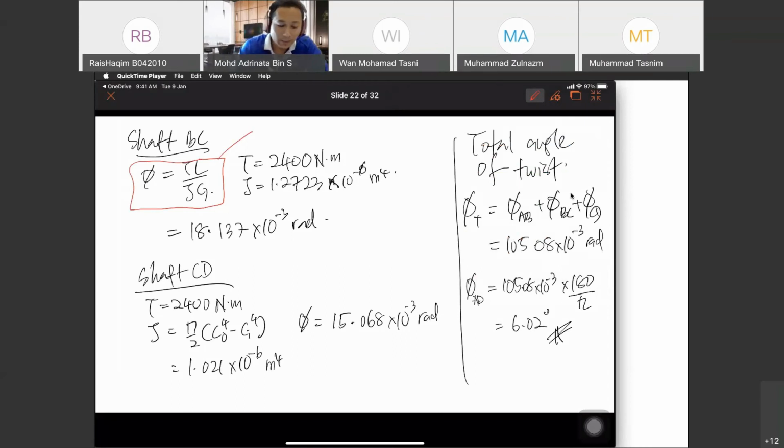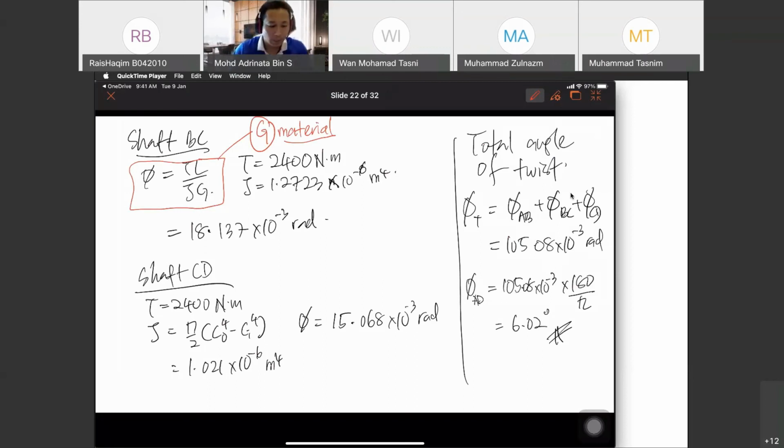G ni adalah depend on material. So kalau material sama, aluminium, guna aluminium saja. Yang depan aluminium, belakang brass. So depan guna G aluminium, belakang guna G untuk brass.